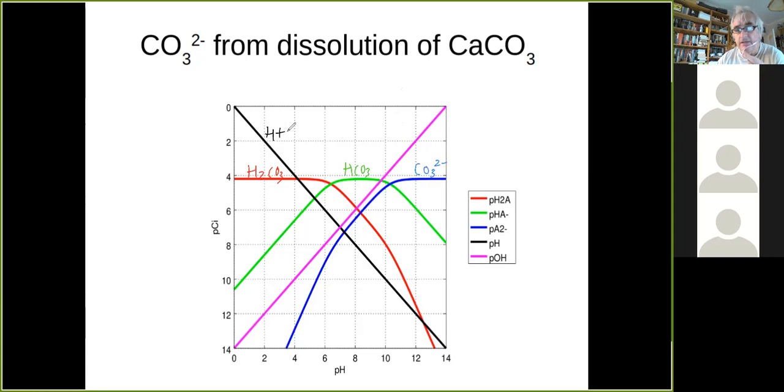This is the hydrogen ion line, and the pink one is the hydroxide ion line. So pH 0, the hydrogen ions pC of that is 0. pH 2, hydrogen ion pC is 2. Well, of course.